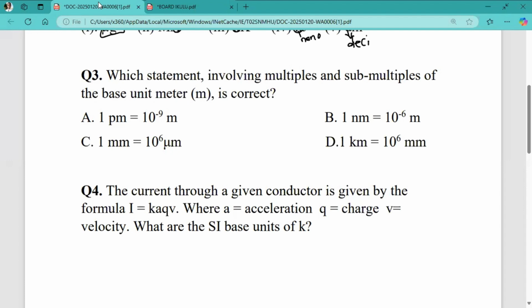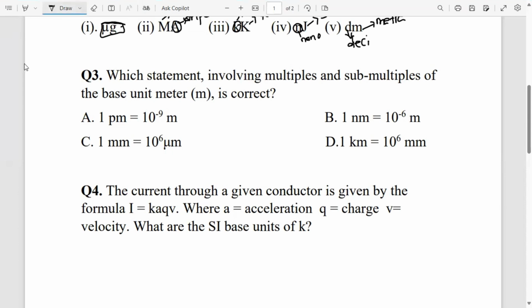So we have A, B, C, and D. Which one of these is correct? Just by looking, I can tell the correct statement from here is statement number D. D is the correct statement.